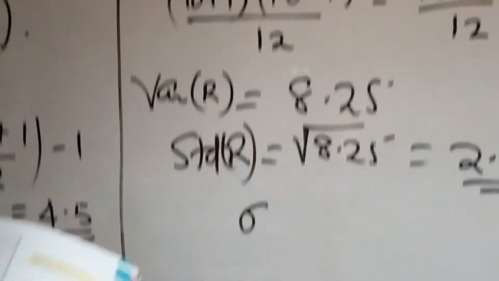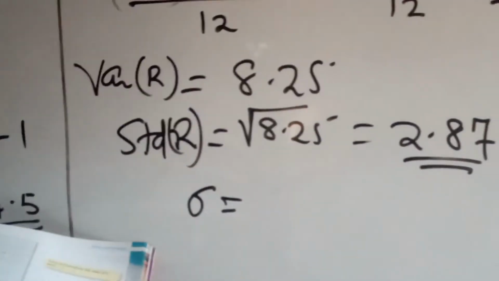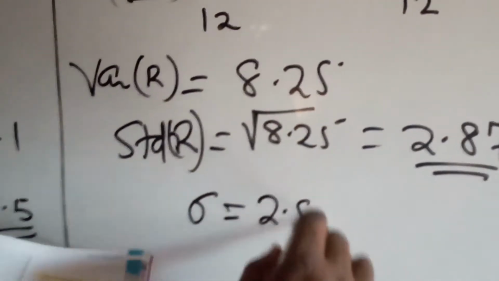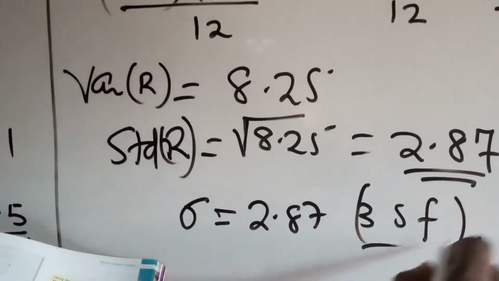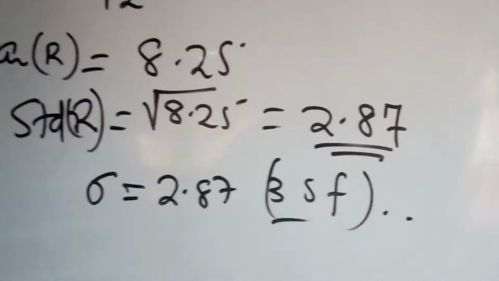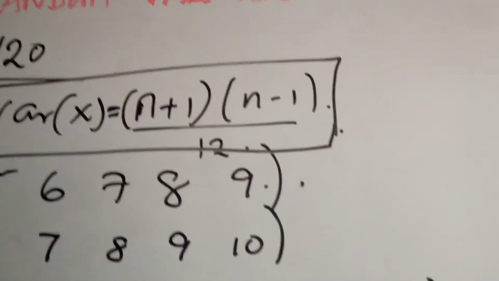In a nutshell, we can simply say that the standard deviation, this is the symbol of the standard deviation, is 2.87 to 3 significant figures. And that is it. That is how easily we can use this formula as introduced in 8.11.